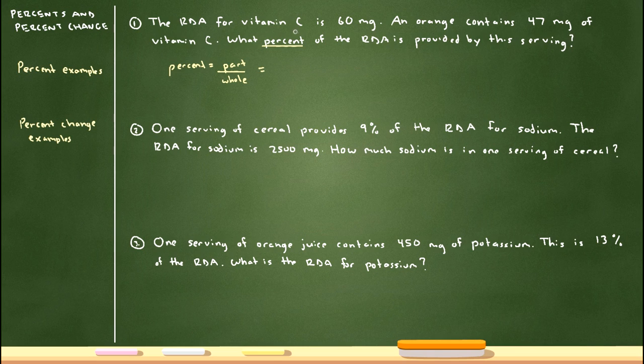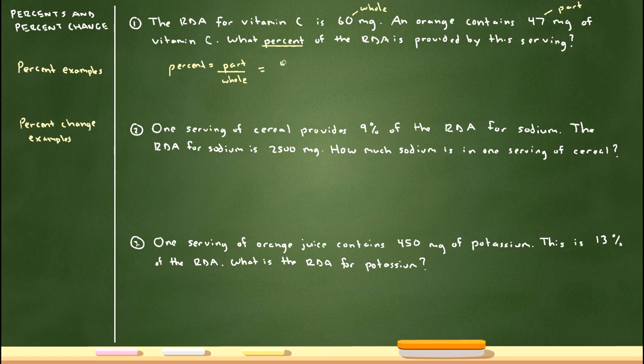So we see that an orange contains 47 milligrams of vitamin C, right? And we know the recommended daily allowance is 60 milligrams. So this portion here would be considered the whole, and this 47 here is considered the part. Okay, because we want to compare our serving here to what's recommended to us, which is 60 milligrams.